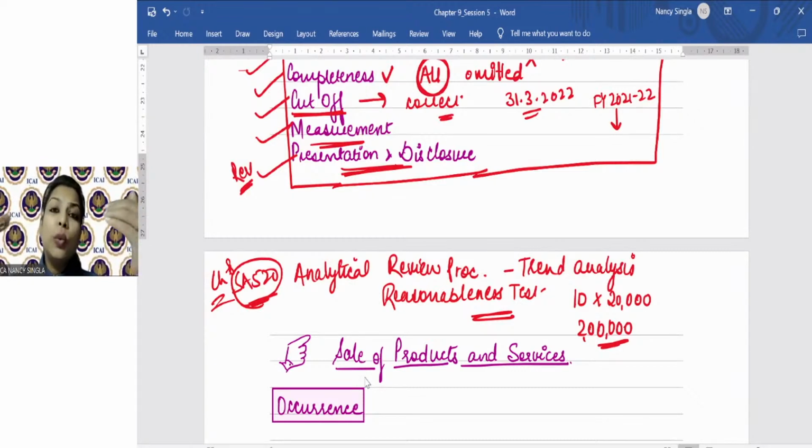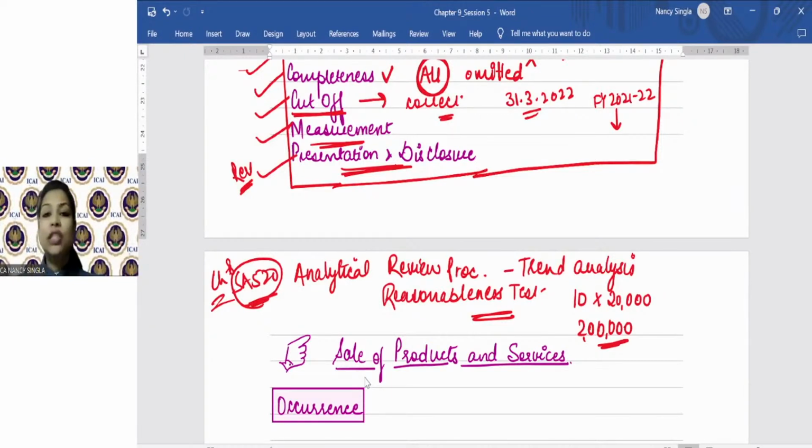So with respect to the various items of P&L, students, you will see that auditor will perform reasonability test. Just GST, the amount of GST that has been paid, here also auditor may perform reasonability test. That is, if this is the GST rate, this is the total sales, then the GST amount should be somewhere around this. So that way auditor will see whether the amount that is reflecting, whether that measurement is appropriate or not. Okay?